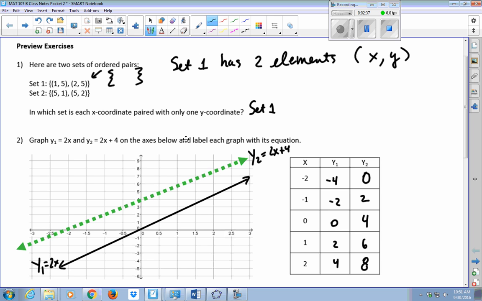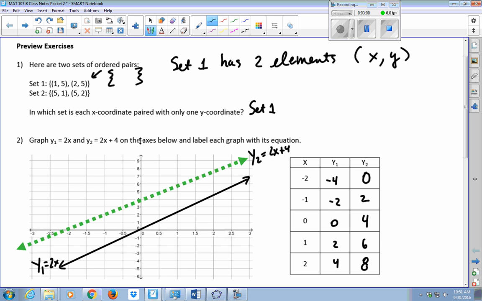Yep, that's great. Thanks for asking. In set 2, there's only one x coordinate, and that's 5. It is not paired with only one y coordinate, because in set 2, 5 is paired with the number 1, and 5 is paired with the number 2. So it's paired with 2 different y coordinates. That's what the language means.